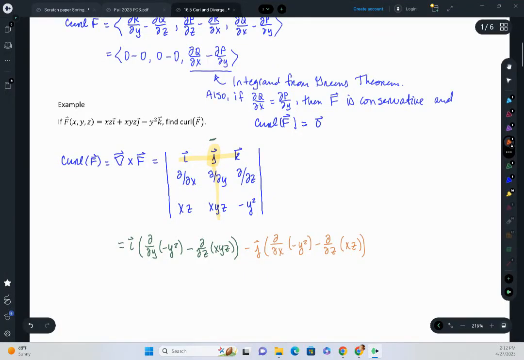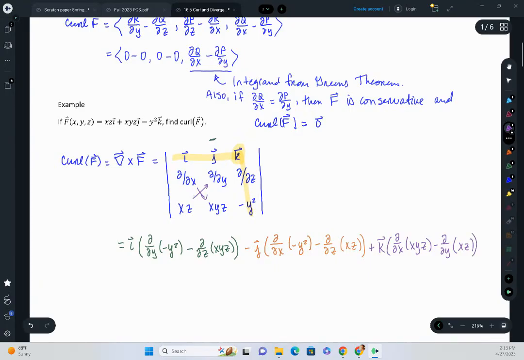And that takes care of my j component. So let's go ahead and move on to the last one, k hat. Cross out the row and column that it's in, and so we can focus again. And so we get plus k hat, and then the 2 by 2 determinant calculation is going to be del x of xyz minus del y of xz.